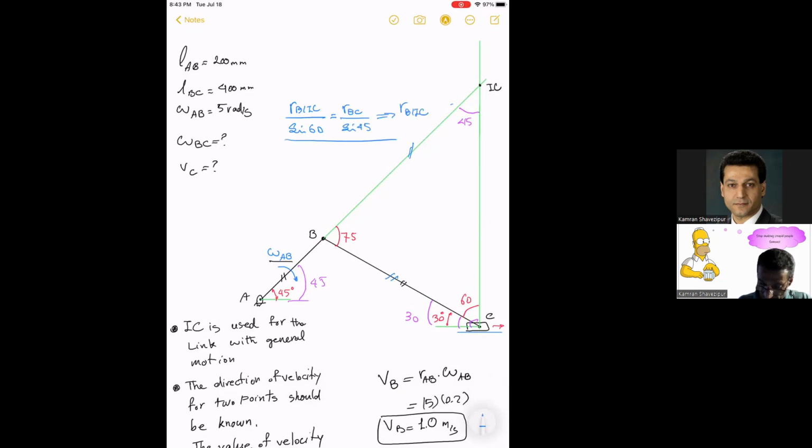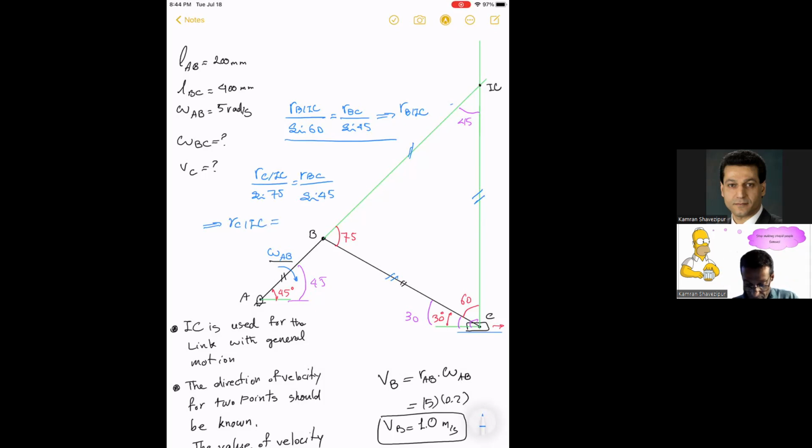and the second equation for RCIC divided by sine 75 is equal to, again, RBC divided by sine 45. And from here, you can find RCIC. This is where most of you guys made the mistake.